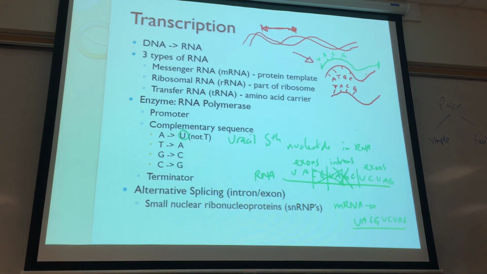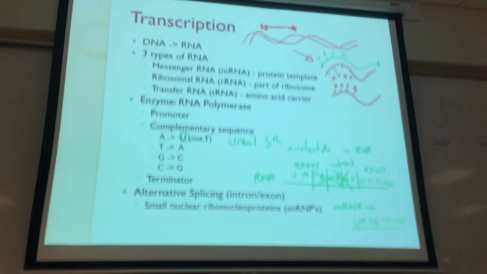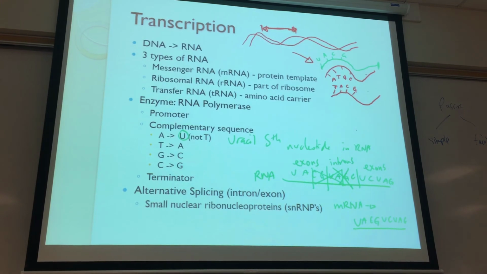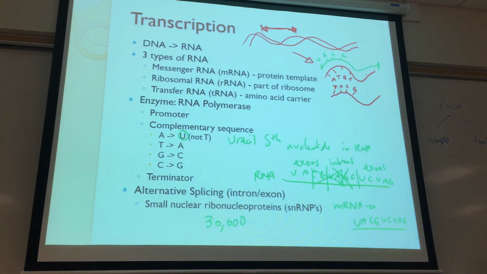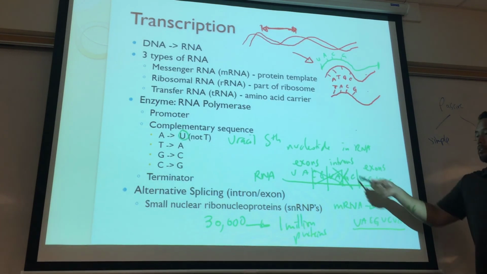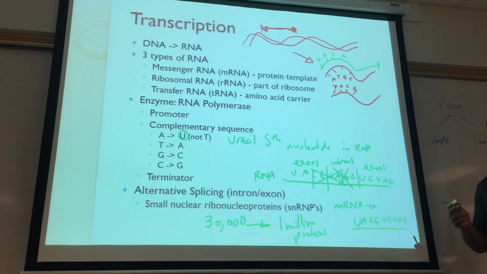So if we were to take a look at the 30,000 genes that we have, you guys don't need to know this, we've got a lot of DNA. We take 30,000 genes, locations on the DNA. We can create something on the lines of 1 million proteins from that, just based on where those SNRPs cut. Your labs don't go really much into that.